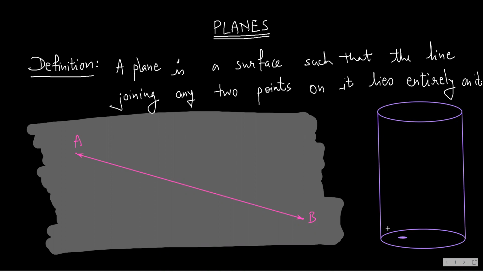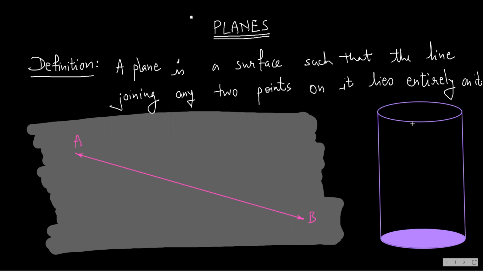The first one is the lower circular surface. The lower circle is a flat surface. Remember that this is a flat surface.